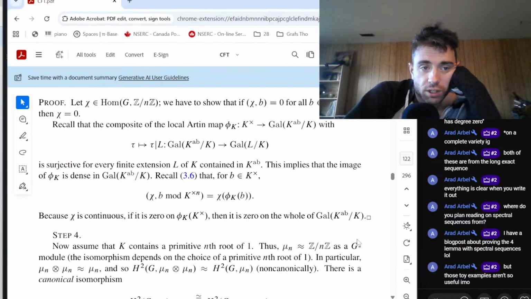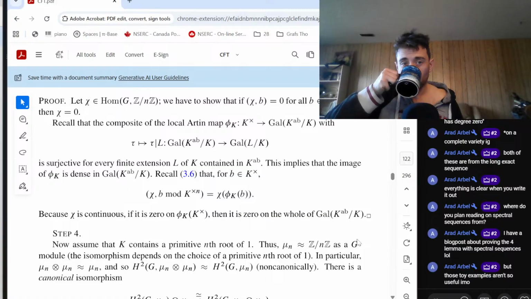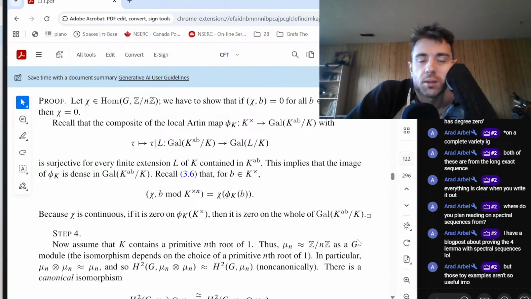So left kernel of this pairing is 0. Let chi be in here. We have to show that if this is 0 for all B in here, then chi is 0.